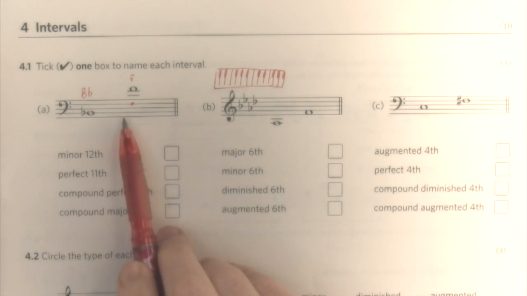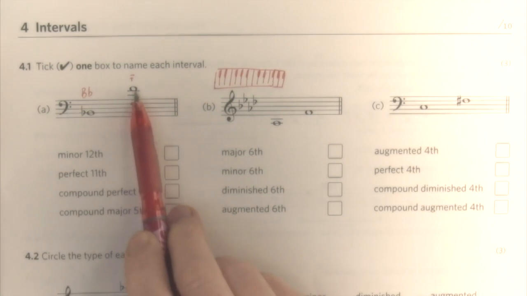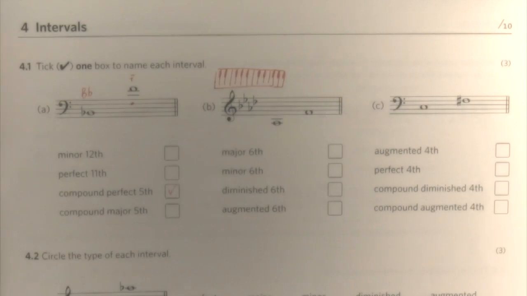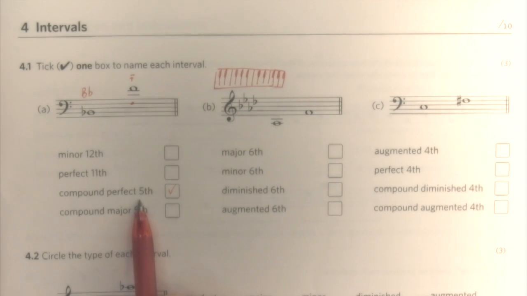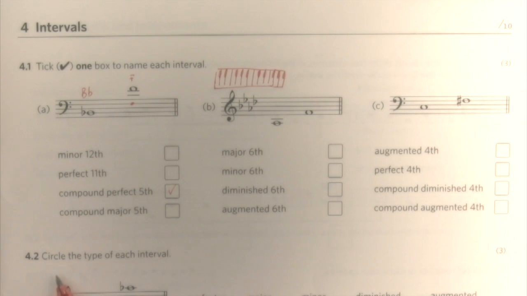So this is a perfect fifth in a simple version, and because it's compound, it is a compound perfect fifth. There you go. The other name of it would be a perfect 5 plus 7, so a perfect 12, but here it is written minor, which is incorrect.